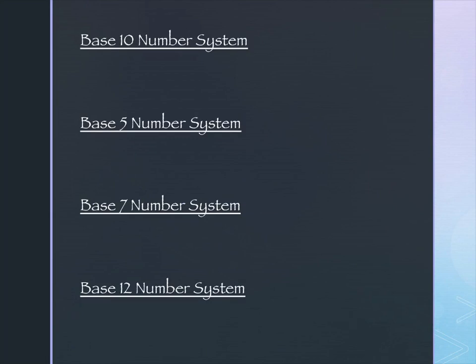So to start with, our base 10 number system, we have 10 digits, but the number 10 is not a digit, it's a 2-digit number. Our base 10 number system starts at 0. If you think about the digits themselves, 1, 2, 3, 4, 5, 6, 7, 8, and 9.